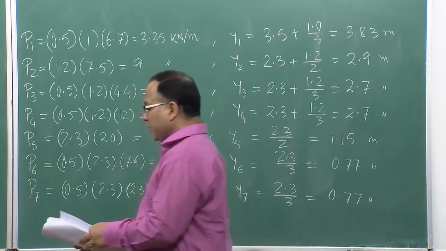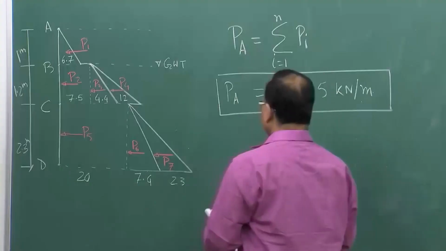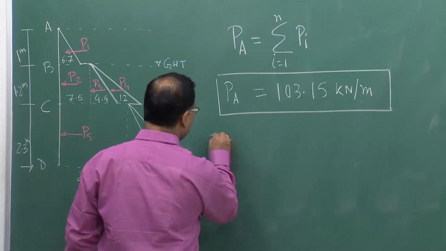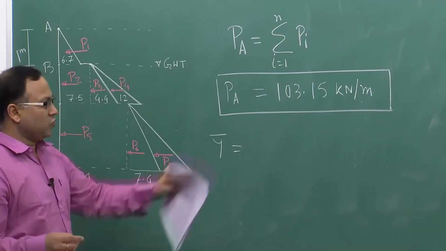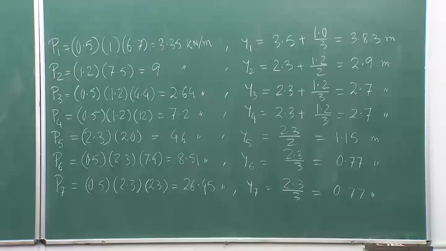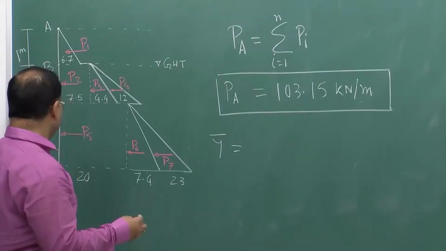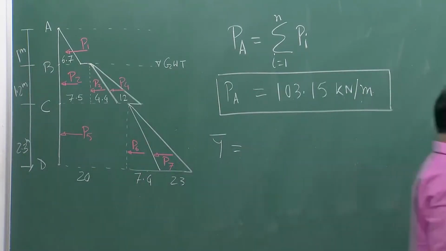Now, what is the point of application of this thrust? If I want to find y bar, that means from the base. So, y1 to y7, everything is measured from the base of the wall, so y bar is also from the base of the wall.